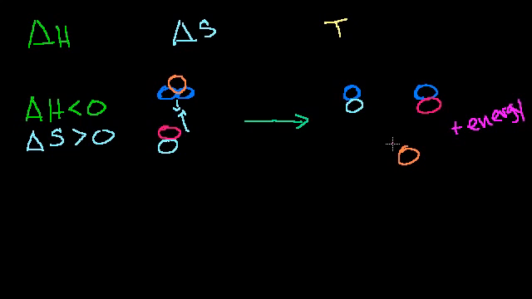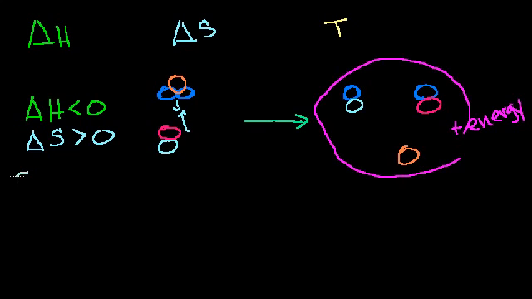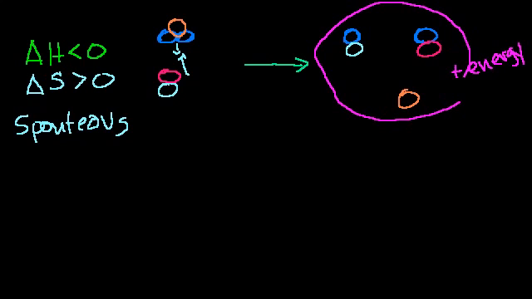Their electrons are in a lower potential state, so there's no enthalpic reason, or energy reason, for them to move in this direction. So I have the intuition that regardless of what the temperature is, we're going to favor this forward reaction. So I would say that this is probably spontaneous.